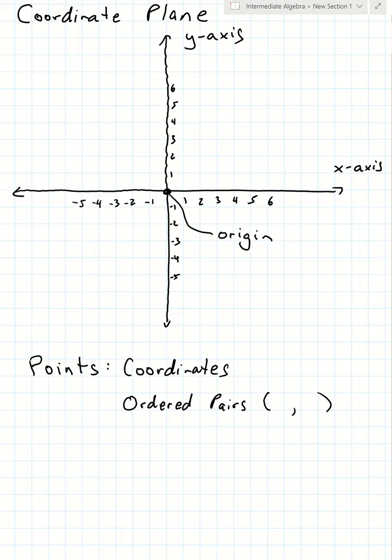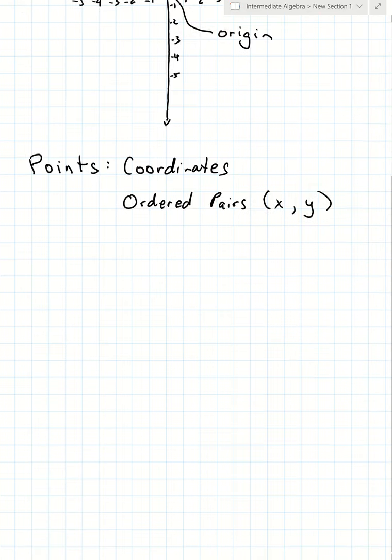We're going to have two numbers, an x and a y number, and they are separated by a comma. Do not confuse this ordered pair notation with interval notation from the inequalities that we did in chapter 3. An ordered pair is a precise location, it is a coordinate, it is a point on your coordinate plane.